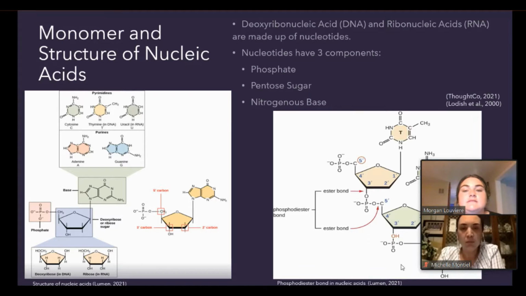DNA contains the sugar deoxyribose, while the sugar in RNA is simply a ribose. The nitrogenous bases are adenine, guanine, cytosine, thymine, and uracil. So they can be called A, G, C, and T. A, G, C, and T are found in DNA, while A, G, C, and U are found in RNA.